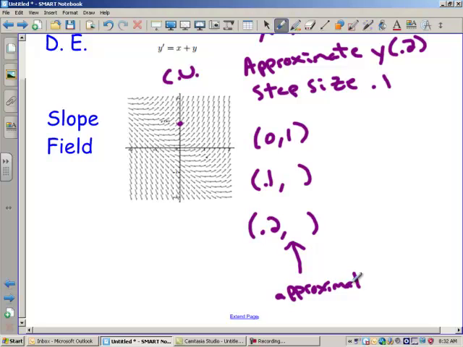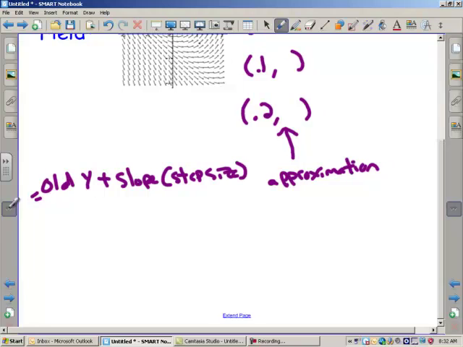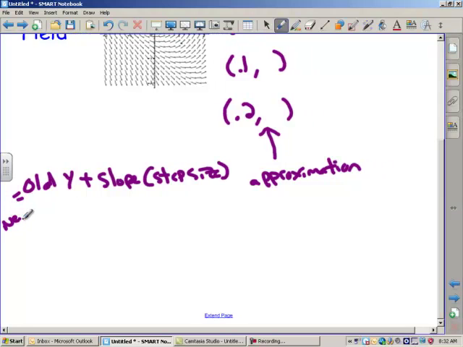This means we need to do two baby step tangent lines to get to 0.2 to get to our approximation. So let's see how that looks. We know that our old y plus the slope times our step size is my approximation to get our new y.